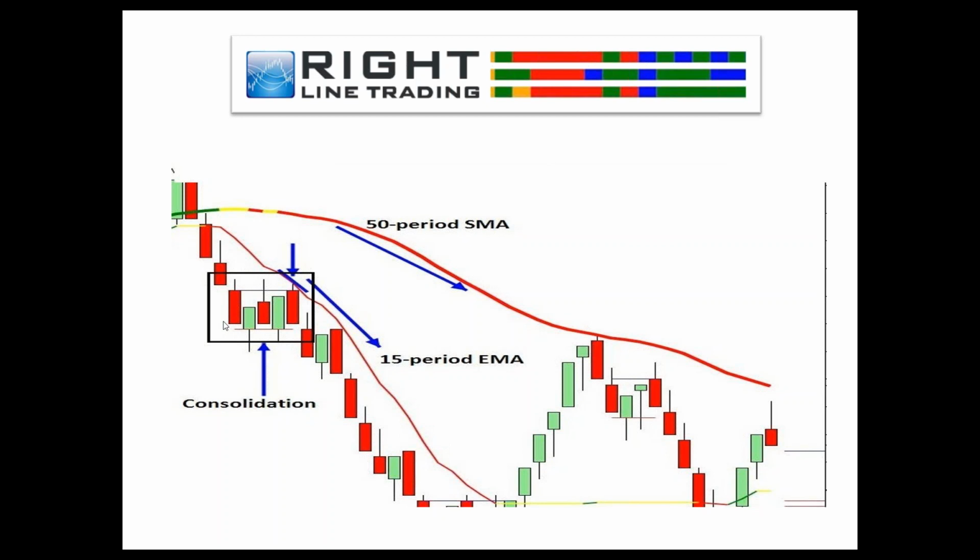Now, the longer consolidation occurs, every down candle is trapping a majority of sellers. Every up candle is trapping a majority of buyers. Sellers trapped, buyers trapped, sellers trapped. And the longer the period of consolidation, the more contracts are trapped in that zone.